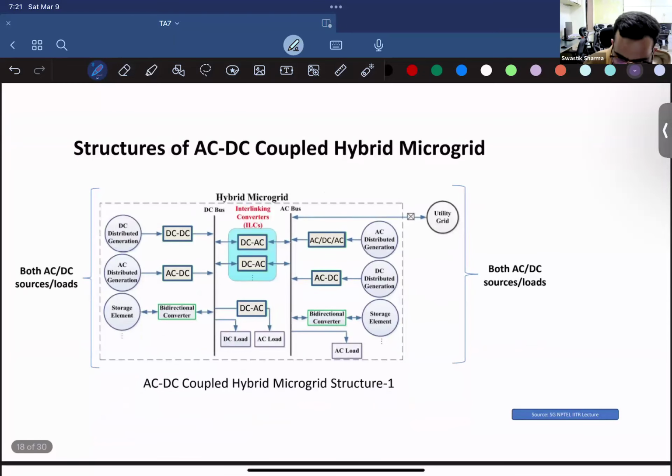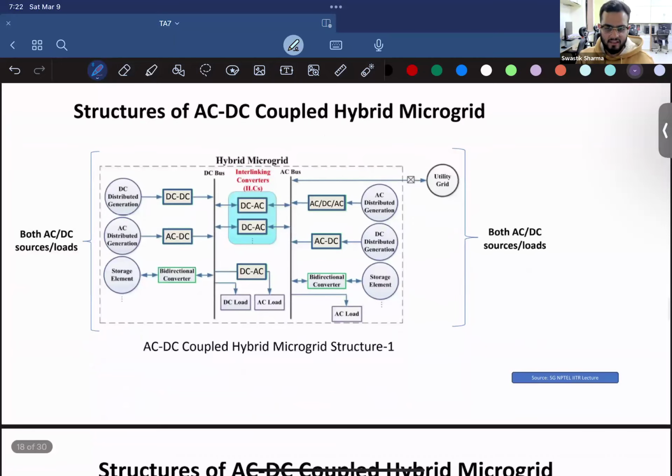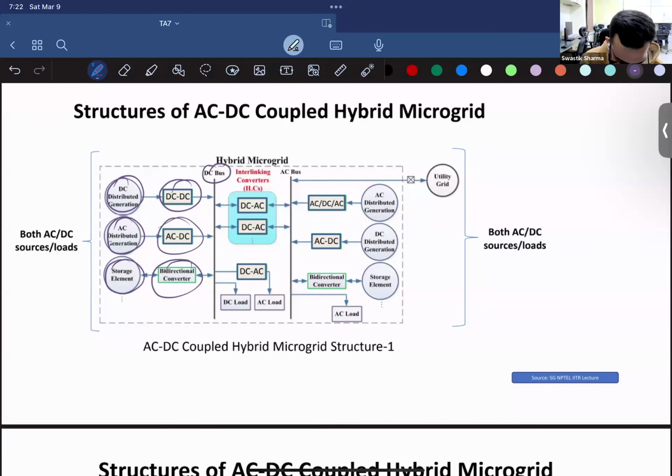And today we'll discuss some of the control strategies and power management schemes for this. As you can see, this is one structure of an AC-DC hybrid microgrid. We have DC distributed generation, AC distributed generation, and storage elements at the DC side as well, which are converted using DC-DC, AC-DC and bidirectional converters and connected to a DC bus.